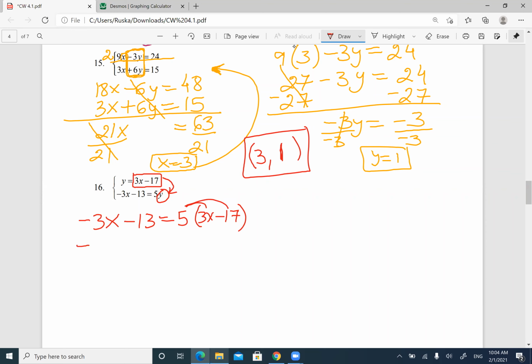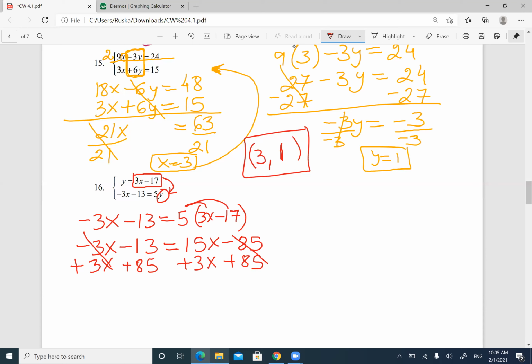So we get negative 3x minus 13 equals 15x minus 85, right? And then you can add 3x on both sides, and then you can add 85 also. I'm going to do both of those together.